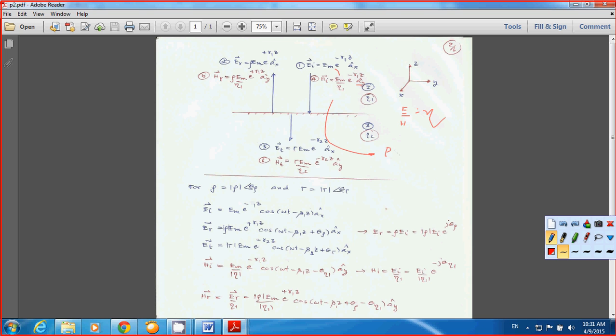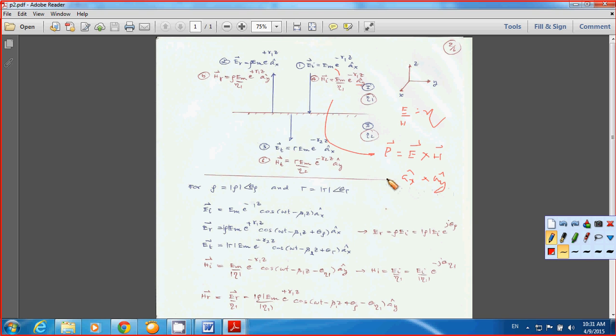Since you know that your Poynting vector tells you the direction of the electromagnetic wave propagation, P is equal to E cross H. So you can check this one here. E has a component in the AX direction, and H has a component in the Y axis.